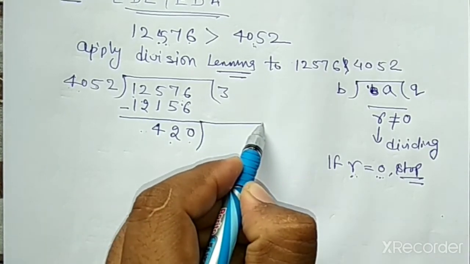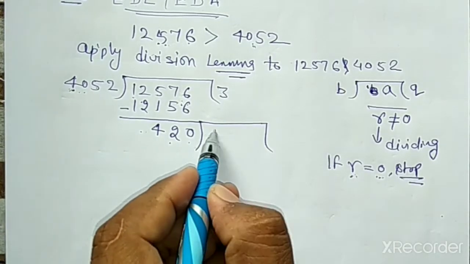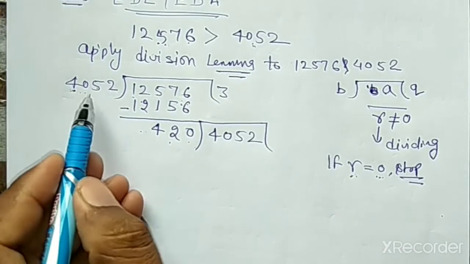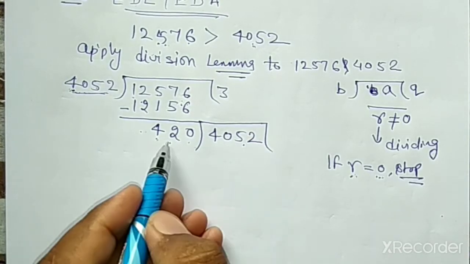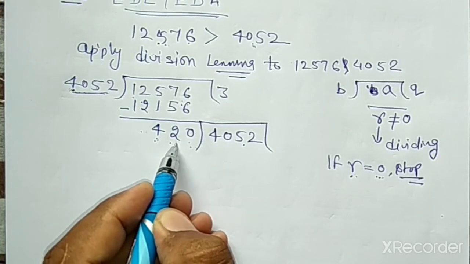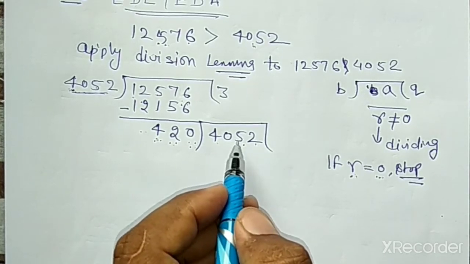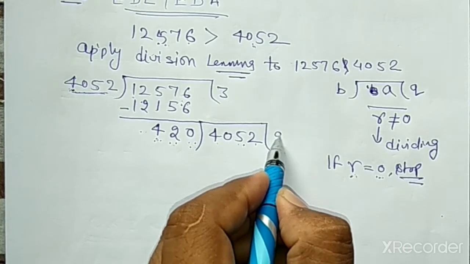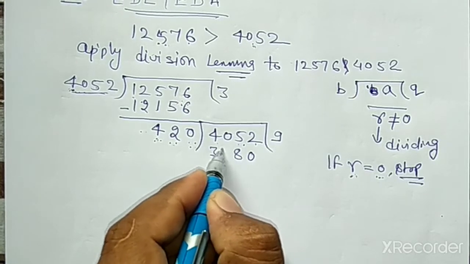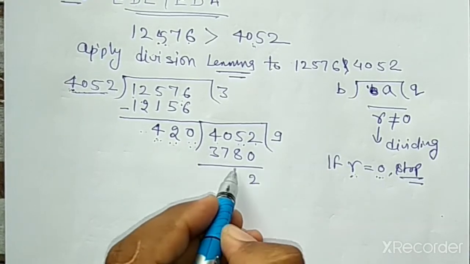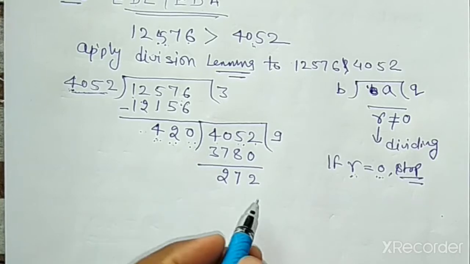Next time, the previous divisor becomes the new dividend, and the remainder becomes the divisor. Now divide it: 4052 divided by 420. 9 times 420 is 3780, and the remainder comes out to be 272.